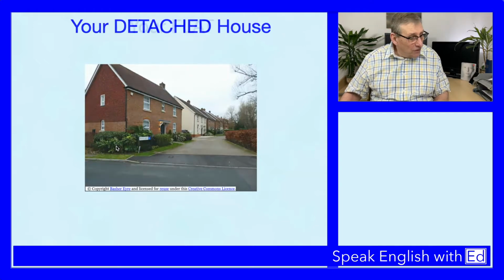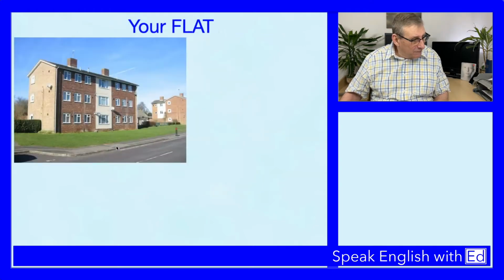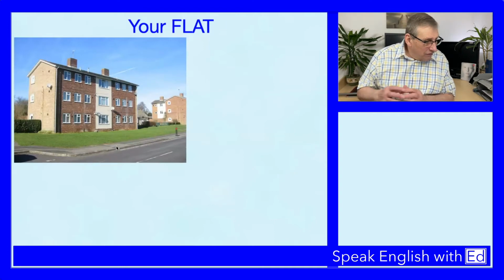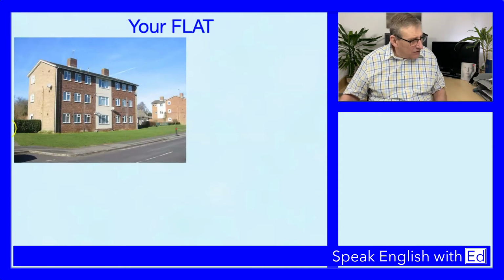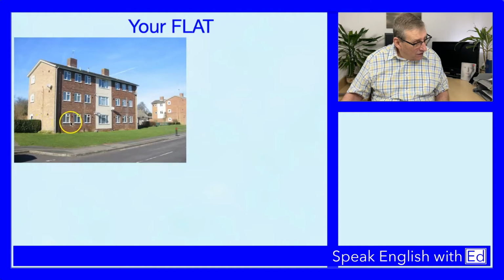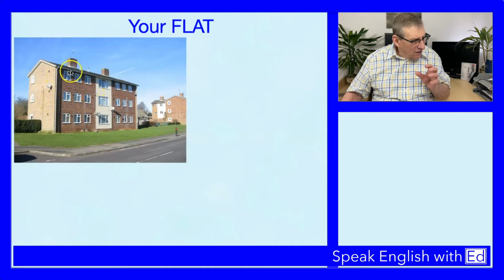Now next we've got a block of flats. Now this is a block of flats. Now I'm not quite sure, but I think there's 6 flats here. I think this is a flat. If you live in a flat, you live on one level. This is a flat, this is a flat, and this is a flat. And then the same at the other side.